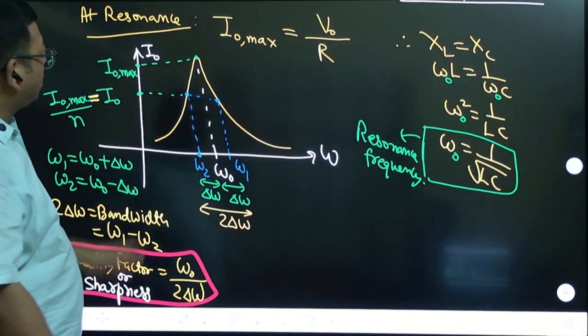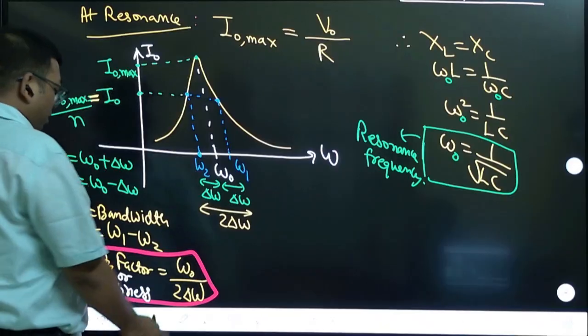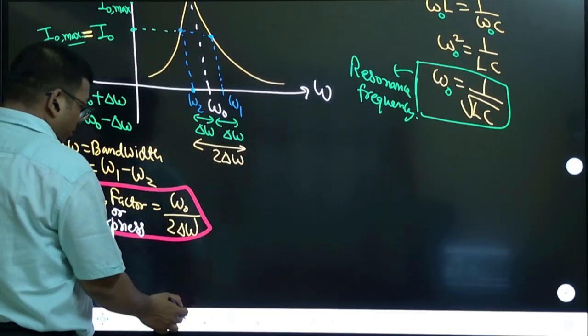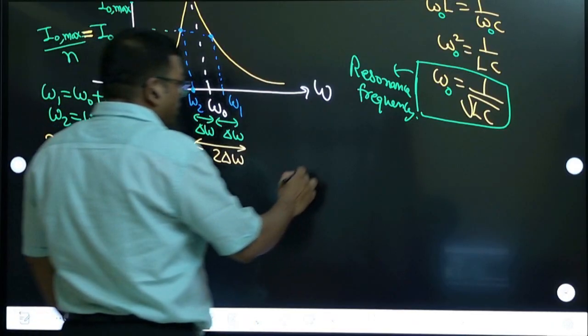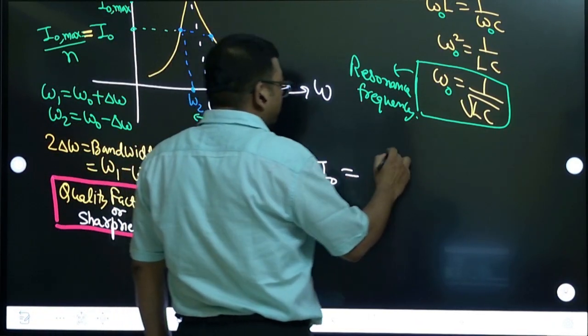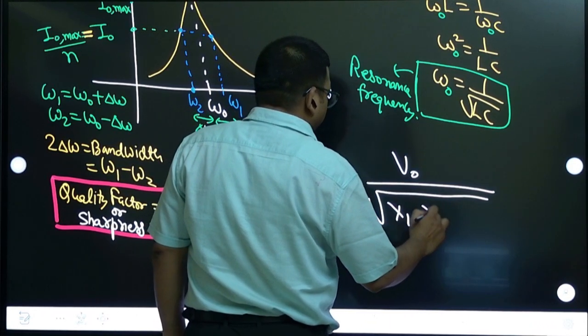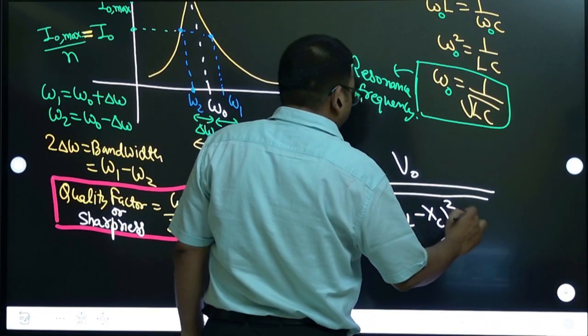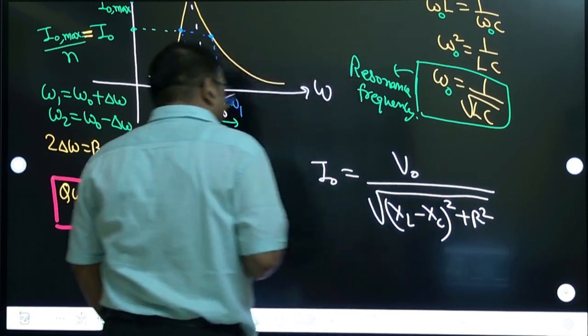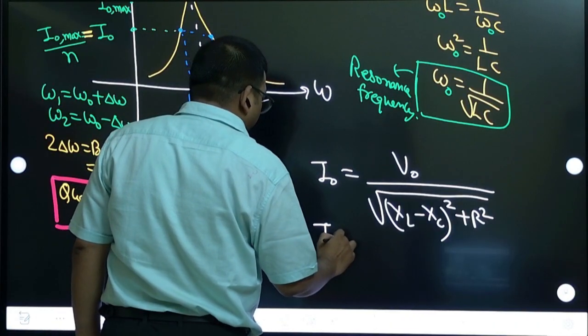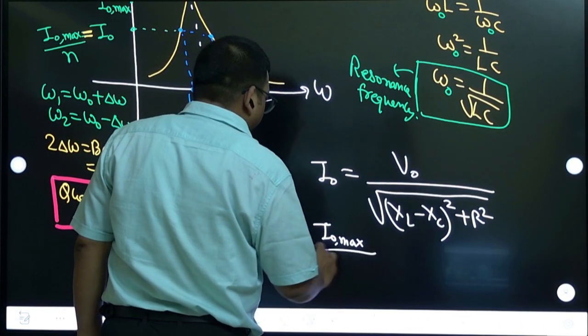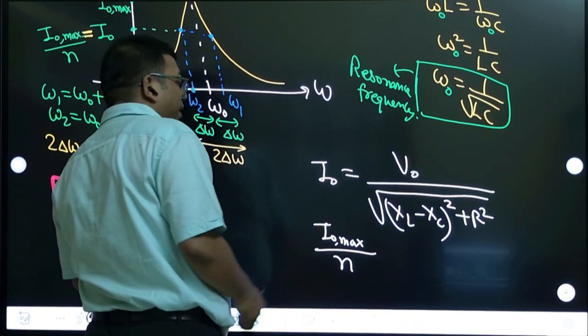So we have to derive this. The derivation is important. Now let us write this main formula and consider the derivation. I naught formula we have already written: V naught by root under XL minus XC whole square plus R square. Now I naught I have chosen as I naught max by n, some factor.